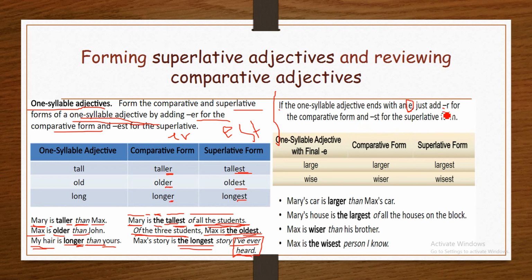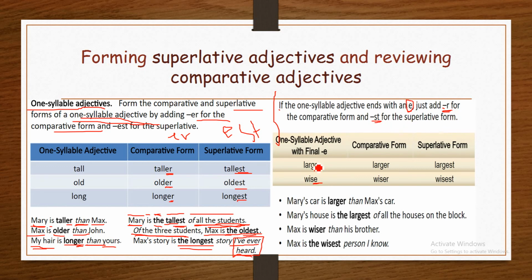It means when you have a one-syllable adjective that ends with the vowel E, for the comparative form you just add R, and for the superlative form you just add st.